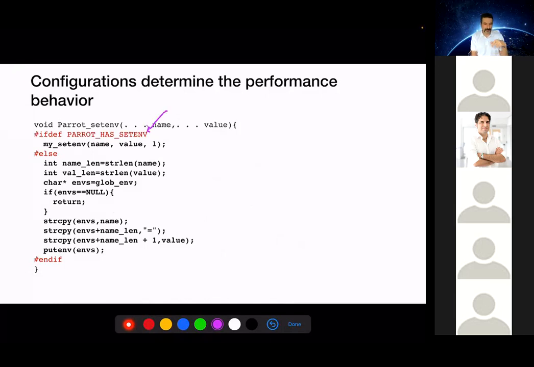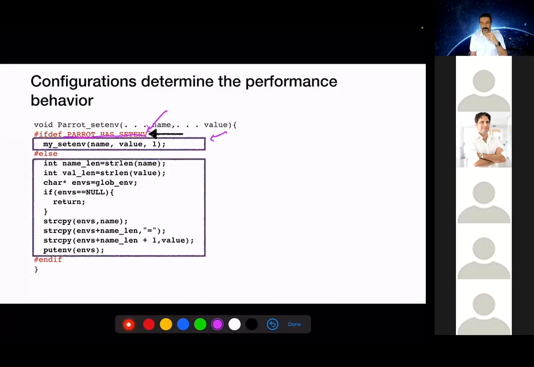For example, these particular options in a very simple piece of code would determine whether one line of code or multiple lines of code get executed as a result of a specific value for this one option, right?